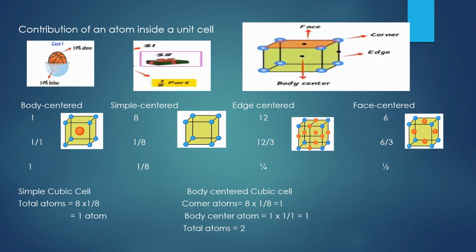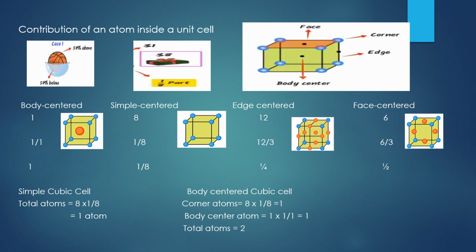The various parts of the unit cell are face-centered, edge-centered, body-centered and corners. There are 8 corners that are represented by blue balls, 12 edges, 6 faces and 1 body center.